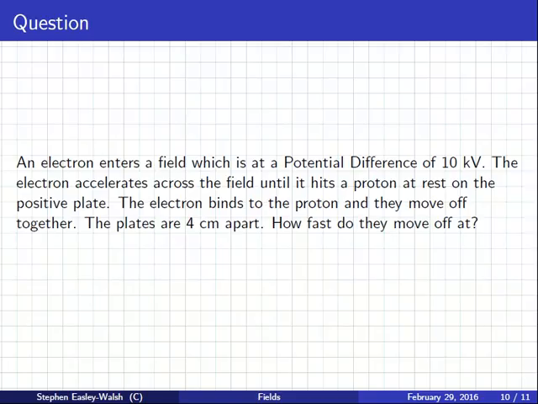So, you have an electric field, which I'll just draw here. And the electron enters the field, and because it's negative charge, it moves against the field. So the electron moves this way. And it hits a proton, which is at rest at the end of the field.